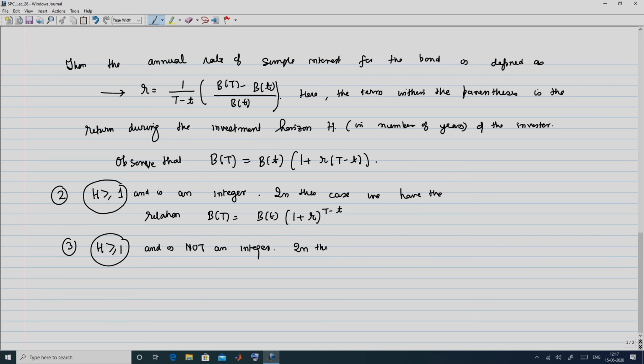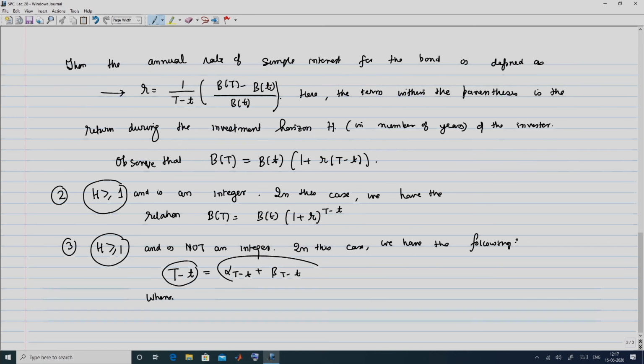in this case we have the following: capital T minus small t will be some alpha(T minus t) plus beta(T minus t), where capital T minus small t is getting decomposed into two terms, the first term alpha(T minus t) and the second term beta(T minus t).